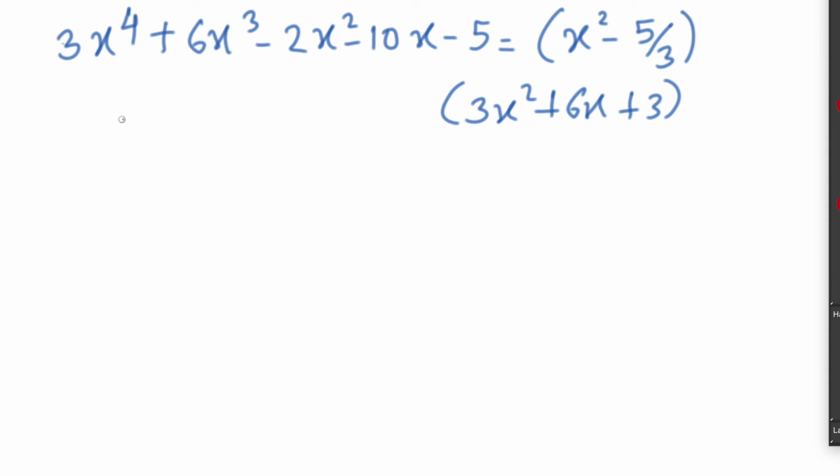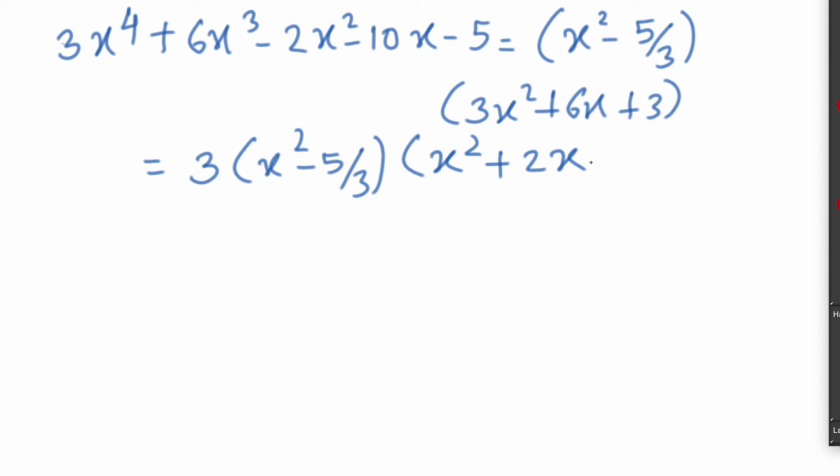Now we will factorize this quadratic equation 3x square plus 6x plus 3. You can see 3 is common here, so I am taking 3 common. Then I am writing x square minus 5 by 3, and x square plus 2x plus 1.